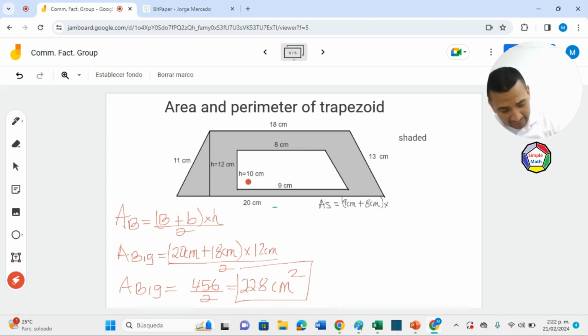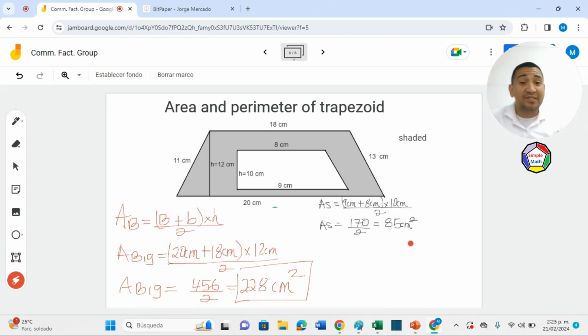The height is 10 centimeters. And everything divided by 2. So let's do it. 9 plus 8, 17. 17 times 10 is 170. So the area of the small trapezoid is 170 over 2. And 170 divided by 2 is 85 centimeters squared, because centimeters times centimeters is centimeters squared.